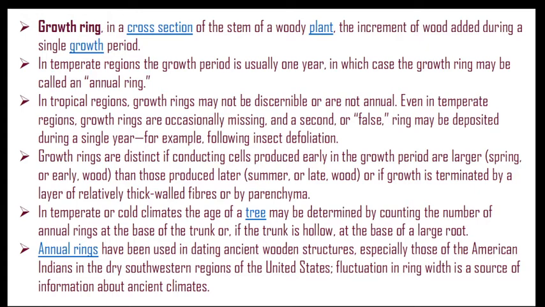In temperate regions, the growth period is usually 1 year, in which case the growth ring may be called an annual ring. So within temperate regions the growth period is only 1 year, and that's why there is development of a single annual ring, while in tropical regions growth rings may not be discriminable or not annual.